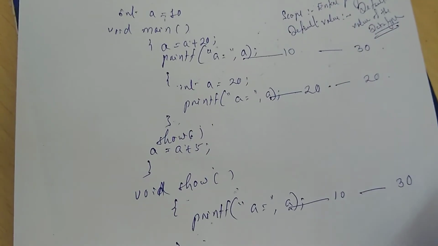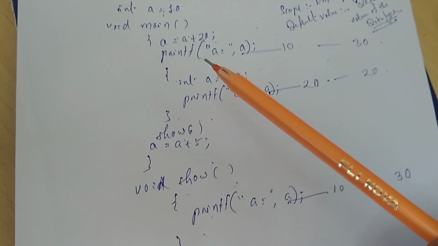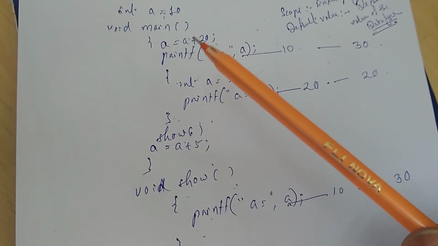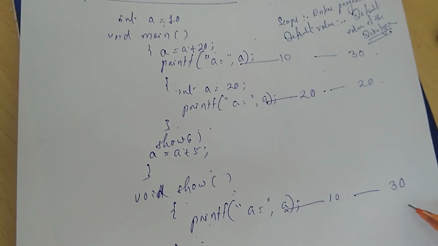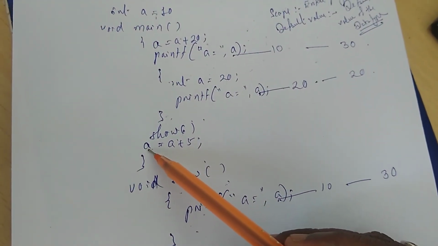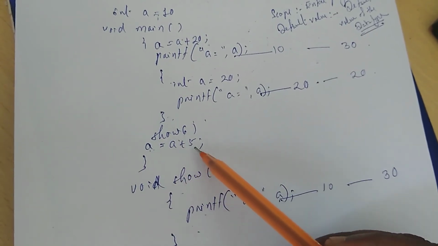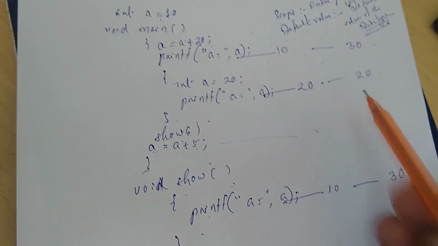Modified value is 30, because the global variable has been accessed by the main function, and the value has been changed to 30. So here it prints 30. Got it? And when again it is accessed inside the main function and the value is increased by 5, here the a value becomes 35.